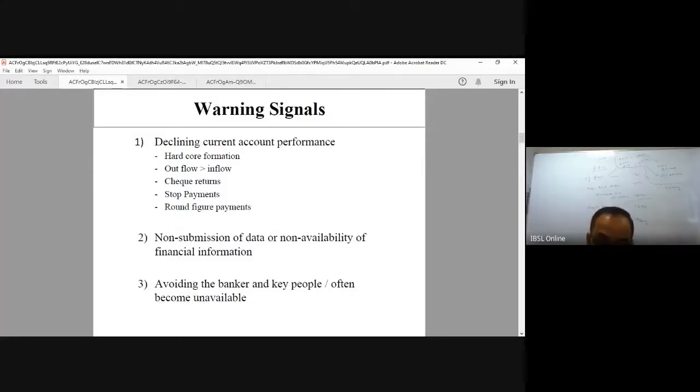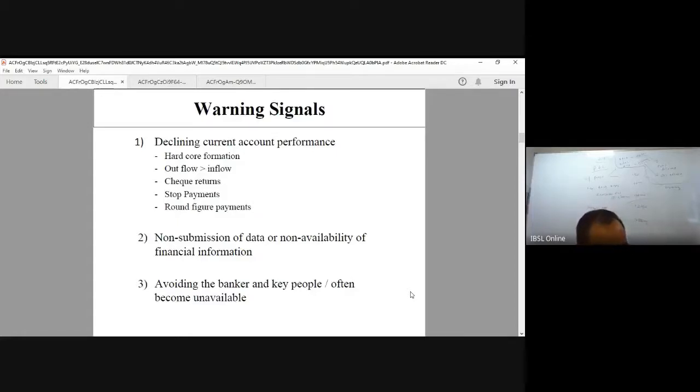And they delay the stock statements, they delay submission of final accounts, periodical MIS, and audited accounts, delay or non-submission, right? And then they avoid the bank, right? So they are unavailable.